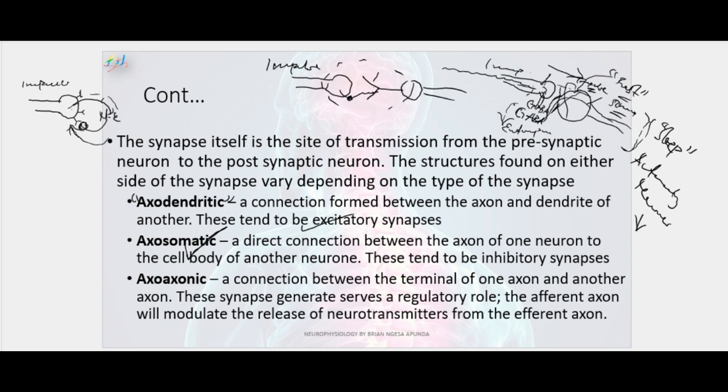This normally serves a regulatory role. And this makes more sense with the example that we chose, because when this releases norepinephrine, and the norepinephrine interacts with these receptors, it relays a signal to this nerve to reduce the rate of release of this neurotransmitter. So it is almost having an inhibitory role, but we will not choose that word. We'll choose the word auto-regulatory.